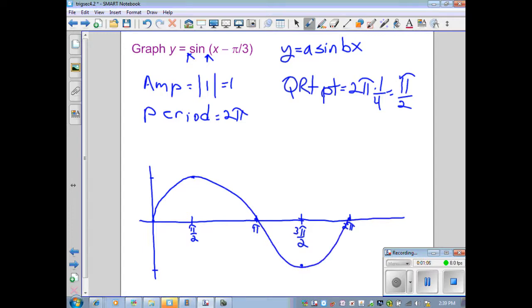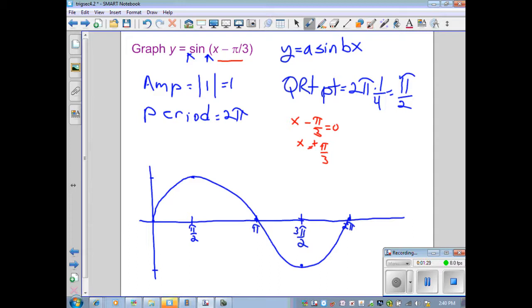Let's take care of the function we want to graph, which is sine of x minus pi thirds. To initiate, anytime I have an interior function, I'm going to set that interior function equal to 0 and then solve for x. That gives me x equals pi over 3, and that tells me that this is a positive value. That means I'm going to shift my graph to the right.